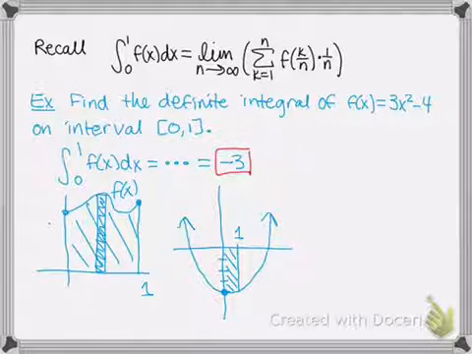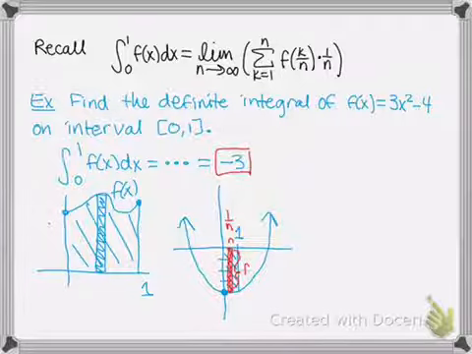Now, if you look at the little rectangles that would be making up our interval, here's an example of a little rectangle. Remember, to find the rectangle, we multiplied by 1 over n for the width, and the height was whatever the y coordinate was, so it's f of k over n.